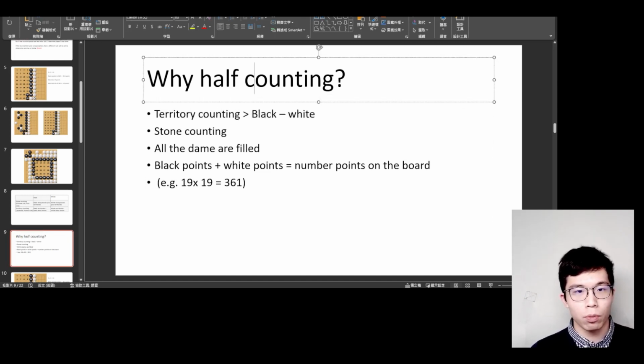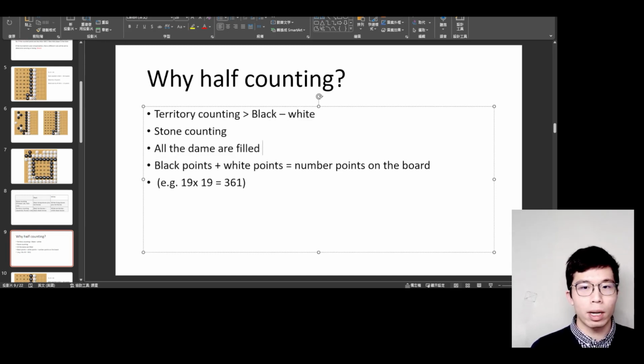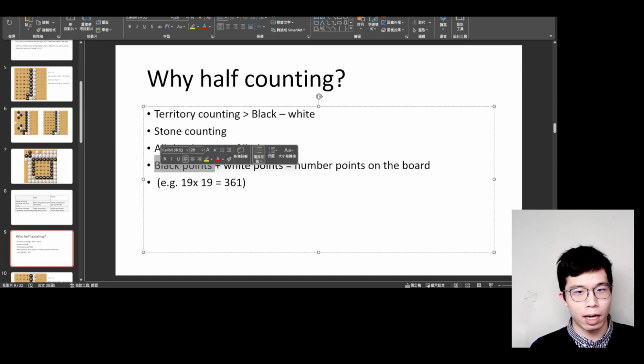But in the Chinese rule, we only need to count one side, because as all the dame are filled, unless there is a seki, black points plus white points equals the number of points on the board, which would be 361 on the big board. So actually we don't need to count both sides. When we count either one, we already know the other one.